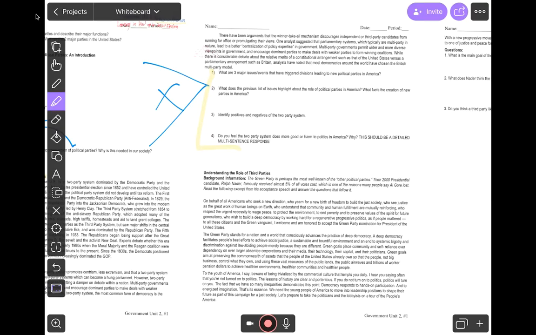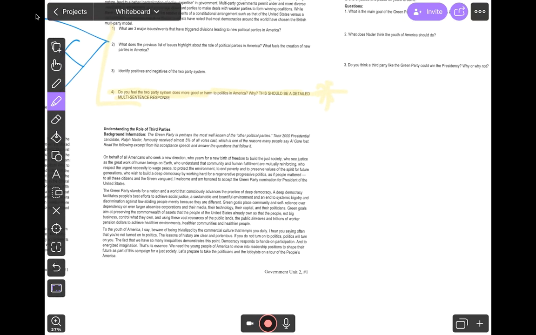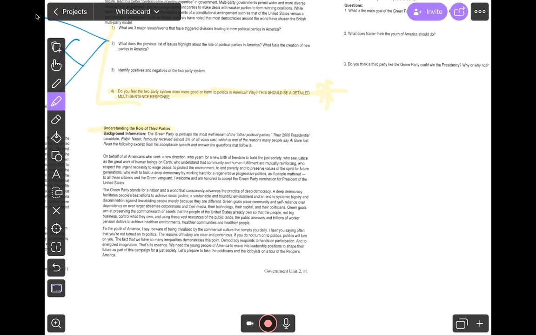All right, question 4, I want to stress, this is going to be really your most lengthy response of this first reading, okay? As I said, this should be a detailed multi-sentence response. All right, and then we're going to look also at, in the second reading, the role of third parties.